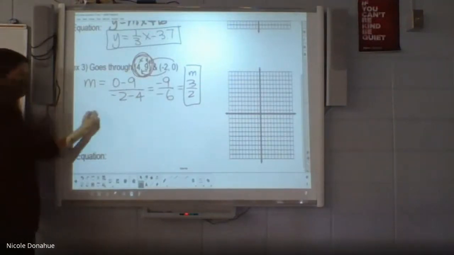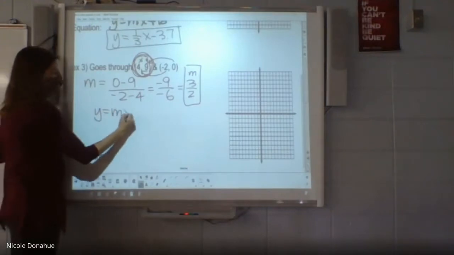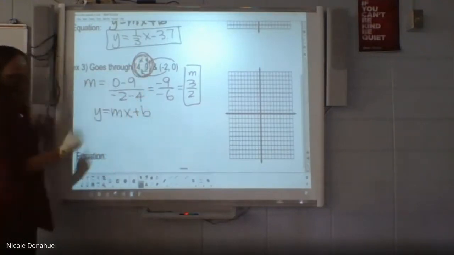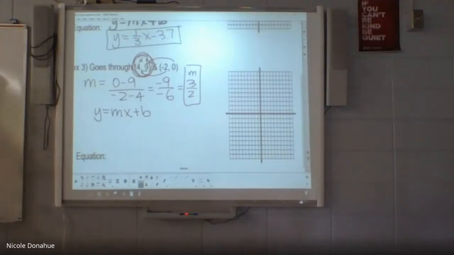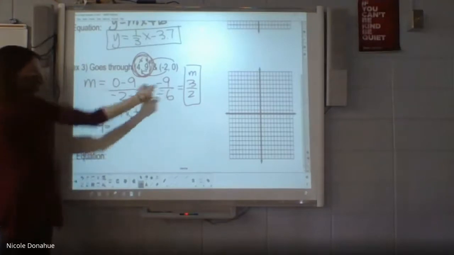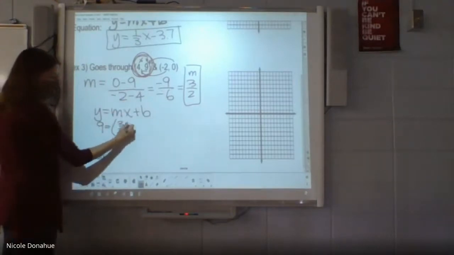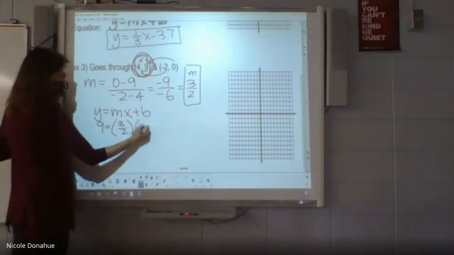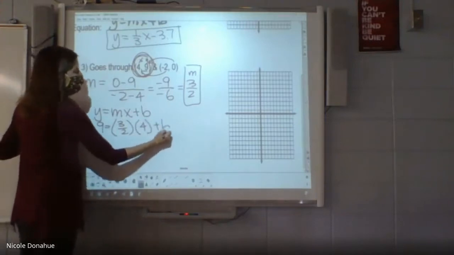So just like we've been doing, we can put this into y equals mx plus b. But I'm going to use (4, 9) because that's what you guys said you wanted to use. You could use (-2, 0) if you wanted. The 9 is our y. Our m we just figured out is 3 over 2. Our x is 4, plus b.